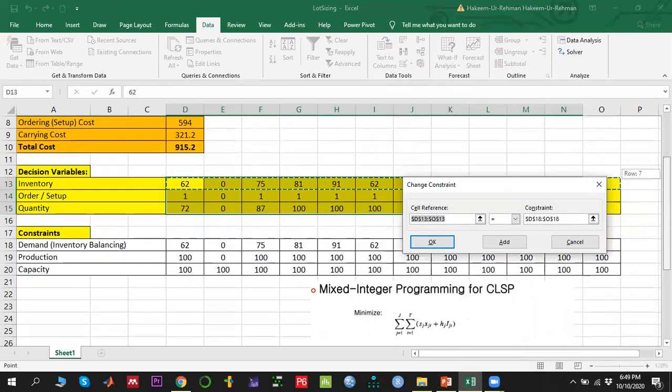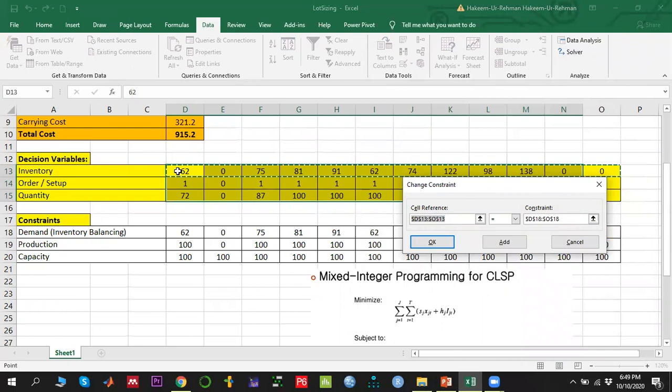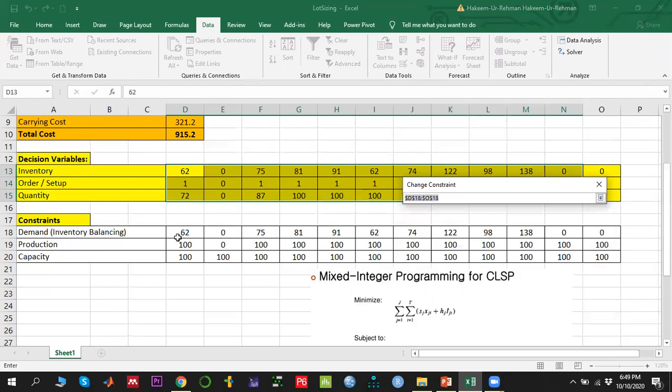So what is the inventory balancing constraint? We are saying the inventory in this time period, so make sure you have already applied this formula. These are the variables which we want to find out. These are the inventory variables, which must be equal to this one. We have already applied the formula over here, right? That this side would be equal to this one.